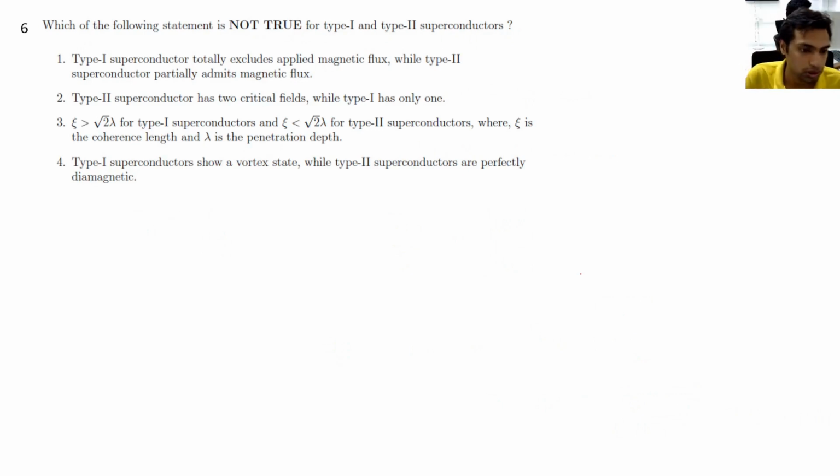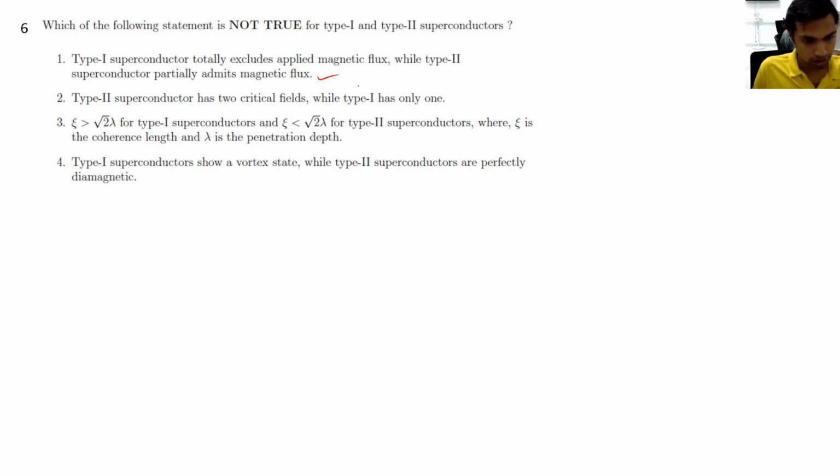Okay, which of the following statements is not true for type 1 and type 2 superconductors? Type 1 superconductor totally excludes the magnetic flux, while type 2 partially admits magnetic flux. This statement is true. Type 1 is a perfect diamagnet, and type 2 can admit some flux as vortices. That is true.